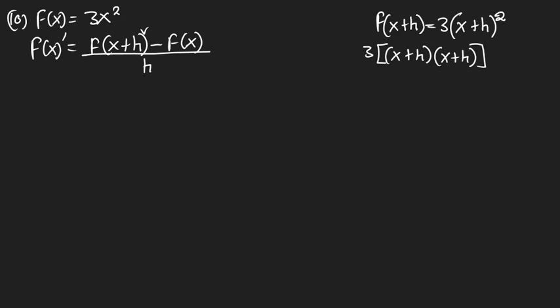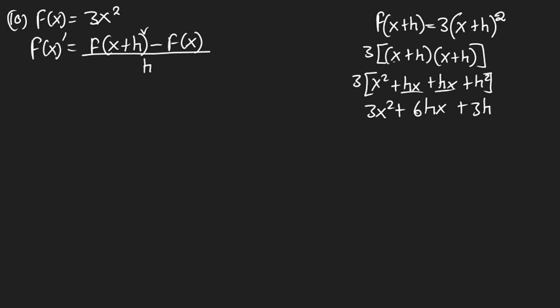Now notice that when you multiply the 2, x multiplied by x is x to the power 2. x multiplied by h is hx. h multiplied by x is plus hx, and plus h to the power 2. 3 multiplied by x to the power 2 is 3x to the power 2 plus, of course, this is going to be 2hx, so 6hx plus 3h to the power 2. So this is f of x plus h. We have found it.